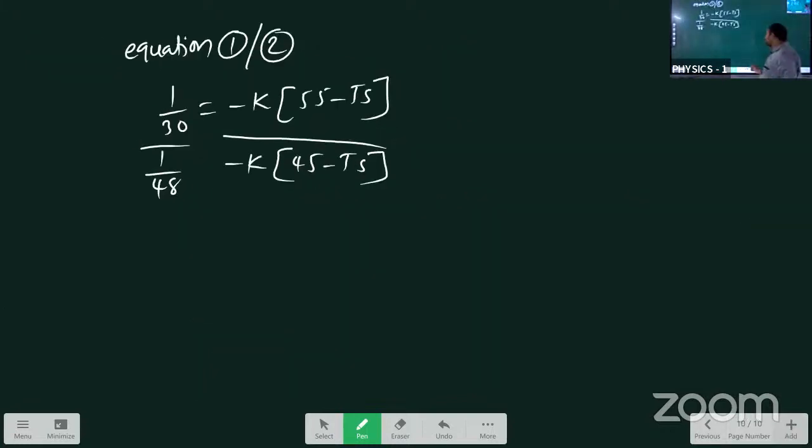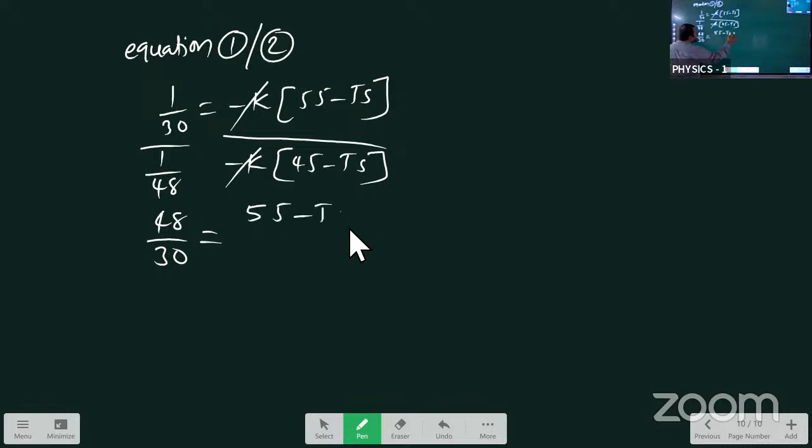So we wrote like that. Cancel. Going up, 48 by 30 because of reciprocal, equals (55 minus Ts) over (45 minus Ts). Now cross multiply.